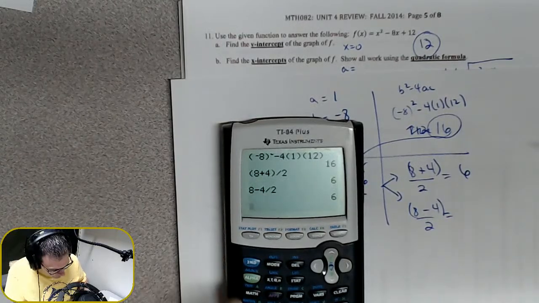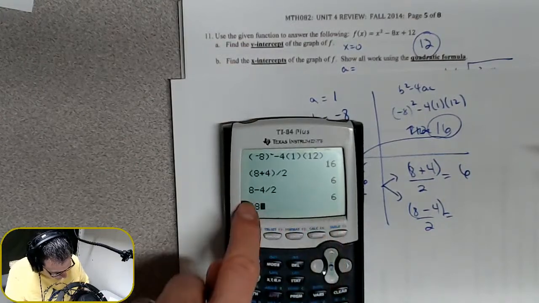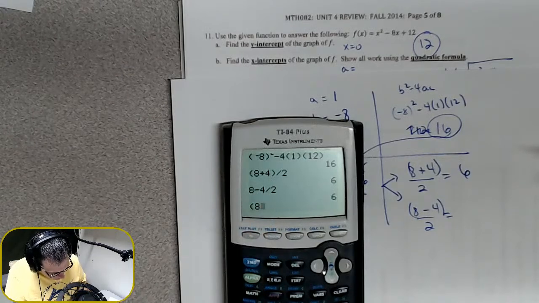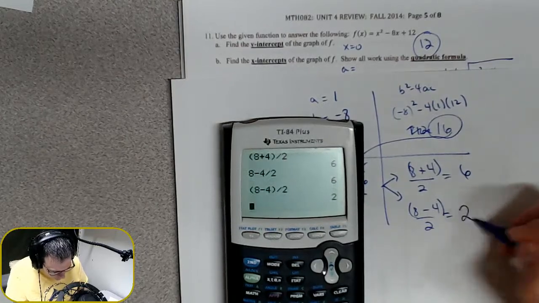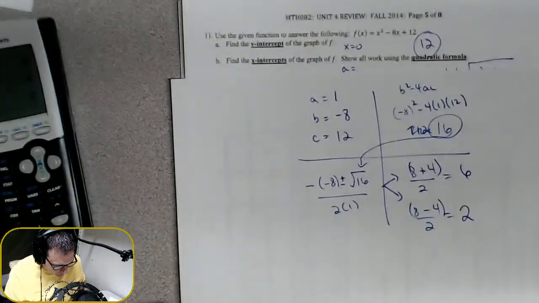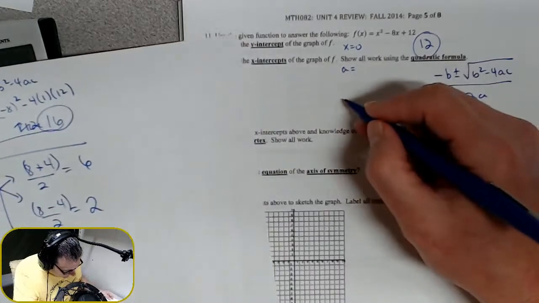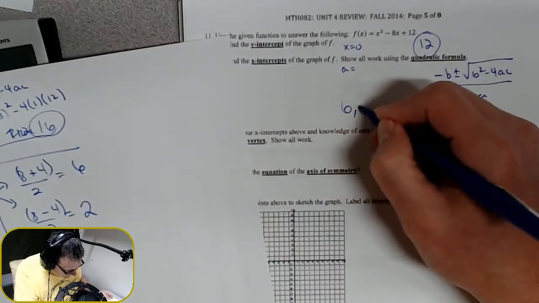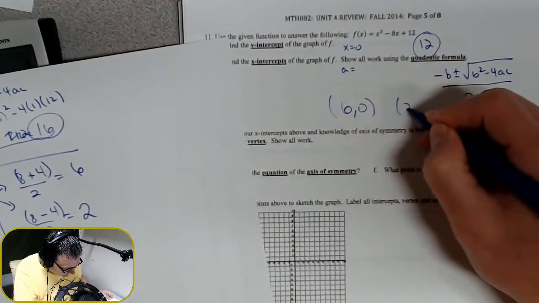Now don't say, oh, look, you got a 6. That's a different equation. Parenthesis 8 minus 4, close parenthesis, divided by 2. The correct answer is 2. There's our 2 correct answers there. There's the 2 x-intercepts. We'll put them right here. 6, 0, and 2, 0.